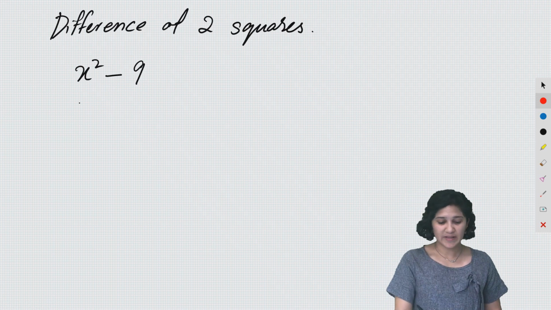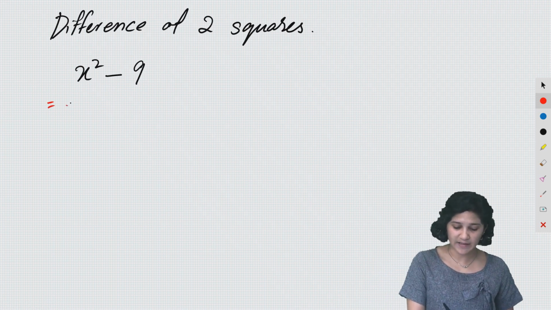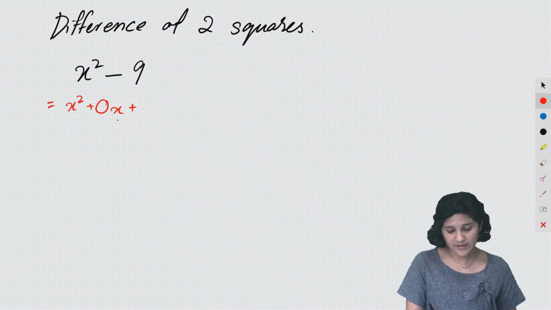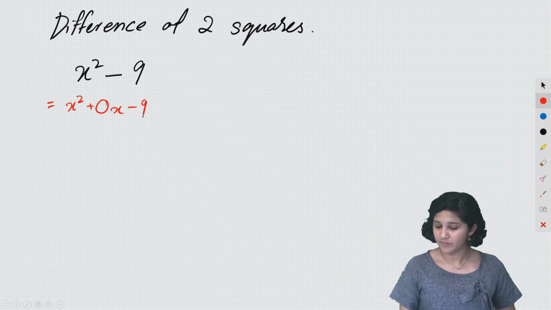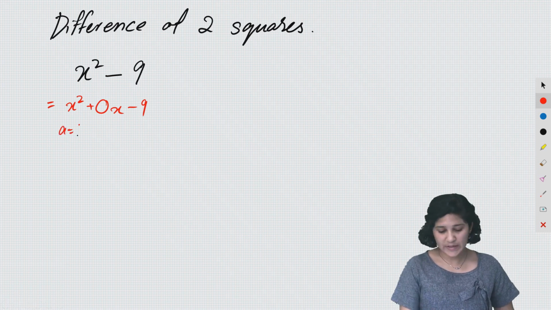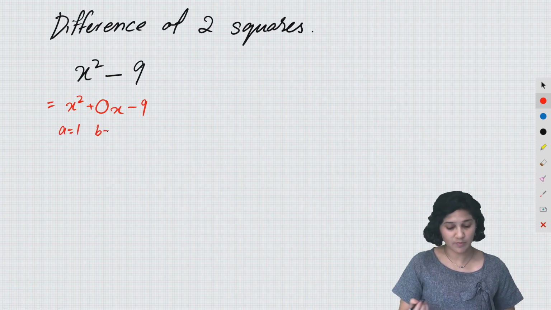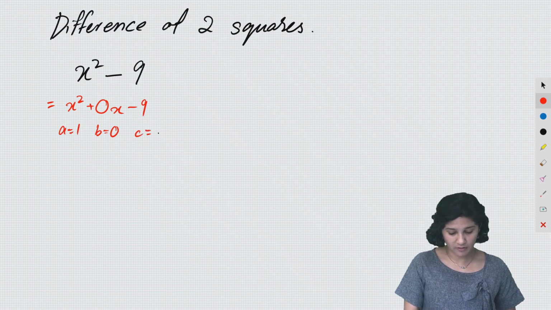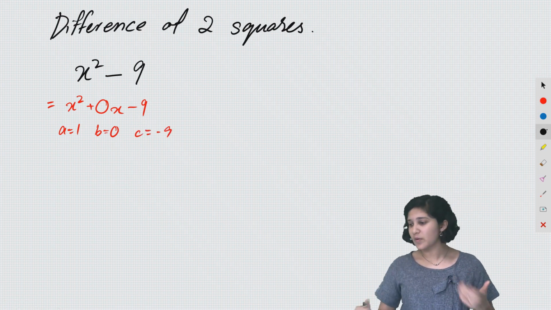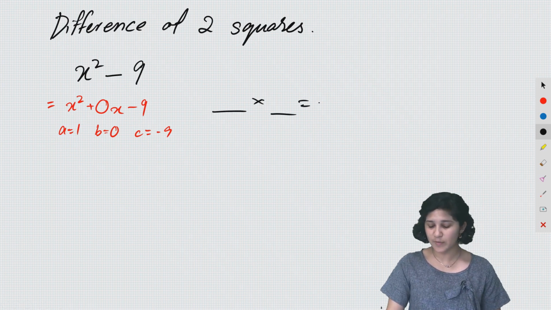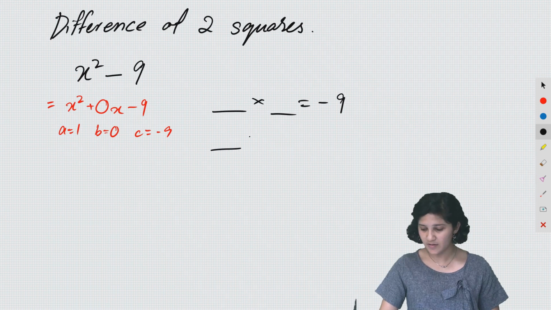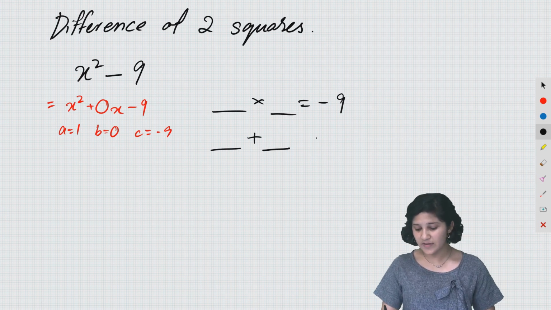Okay? So in this case, I can actually write this as x squared plus 0x minus 9, which means that my a is 1 because it's monic, my b is 0, and my c is negative 9. So if I'm doing my normal product-sum factorization, I want to find two numbers that multiply to give negative 9 and add to give 0.